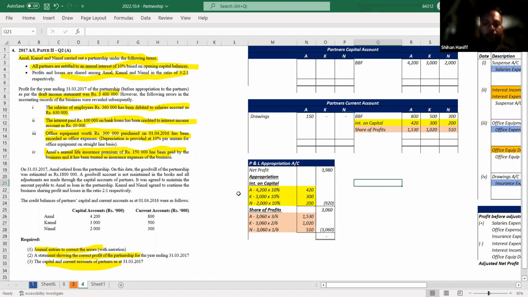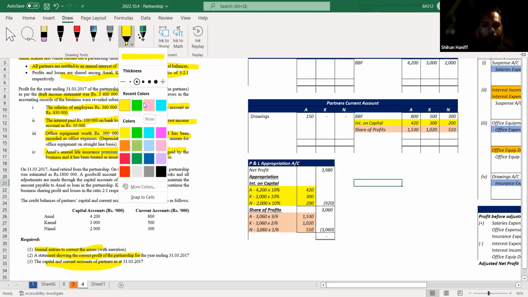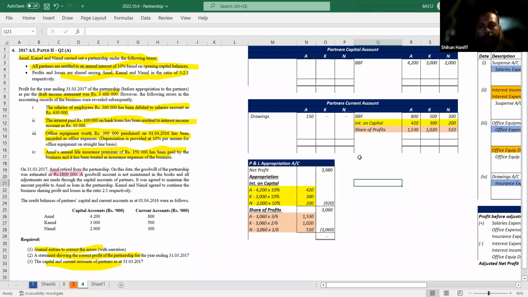Now we can do the retirement. On 31st March 2017, Amal retired. And when retiring, the goodwill was estimated as 1.8 million. Right? What is the double entry for goodwill?